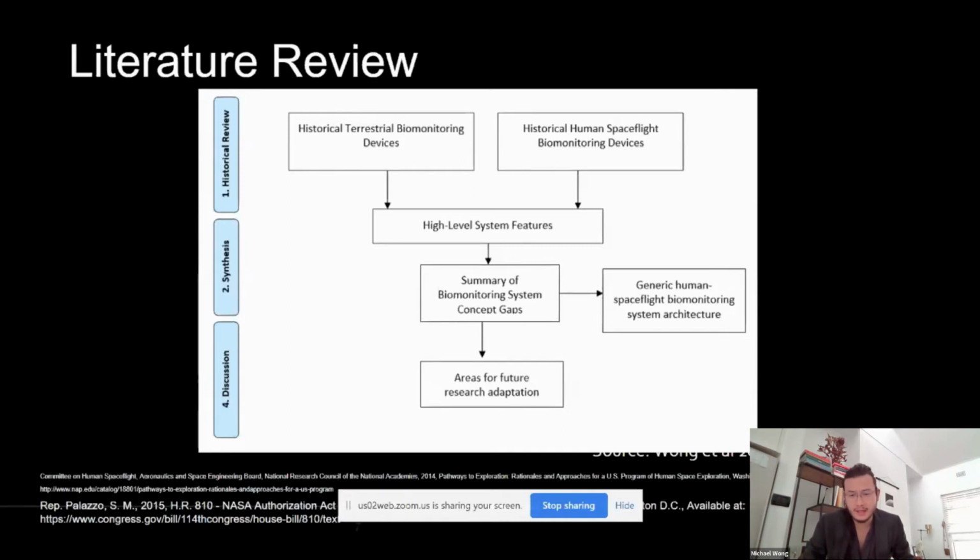And based on that, we created a generic human spaceflight biomonitoring system architecture that we're very keen to keep on working with, both internally here within our collaborators, but also open for other ideas as well within the group. And finally, in terms of a paper that we'll be releasing shortly, we've suggested some areas for future research adaptation, something that we'll discuss at the end of these slides as well.